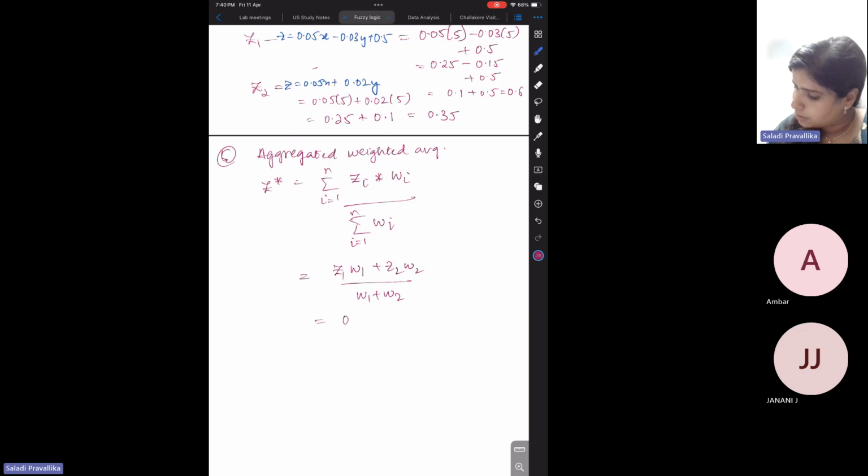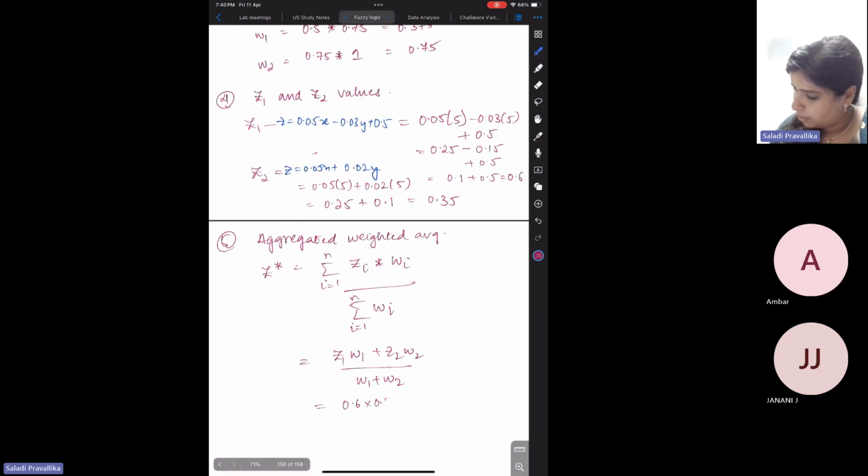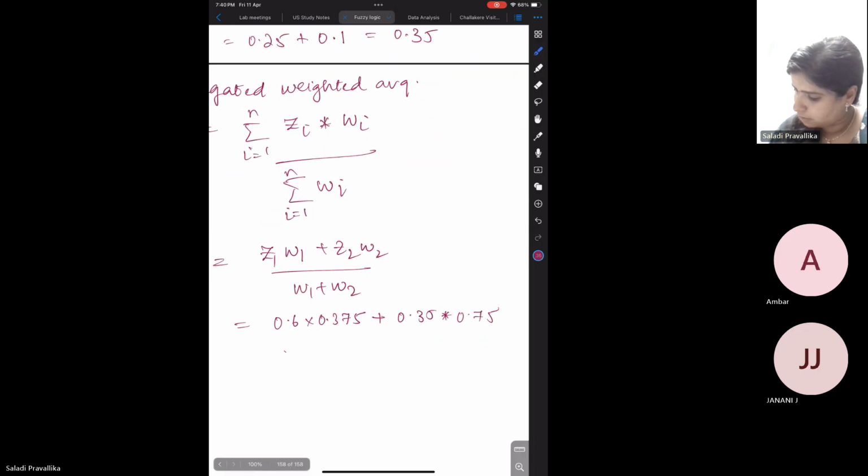So this is equal to 0.6 into W1, which is 0.375, plus 0.35 into 0.75, divided by 0.375 plus 0.75.